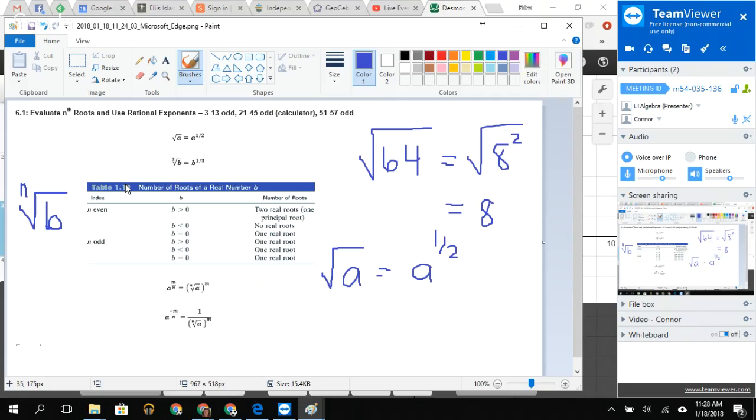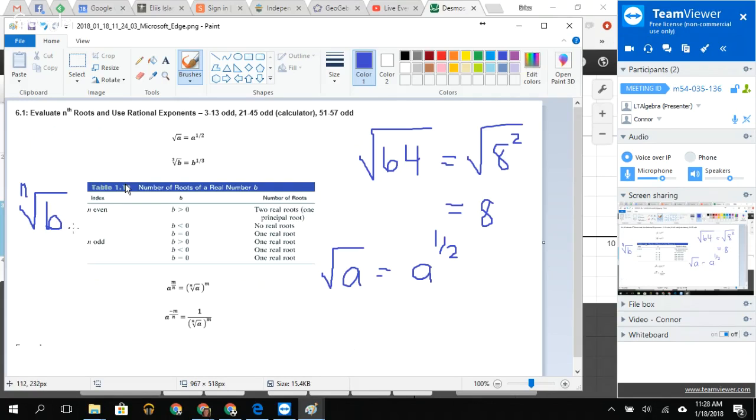So this little table says basically you're taking the root of b and it's some number n here. So if this number n is an even number, so the square root, 2, is an even number, right? You're taking the 4th root of a number.